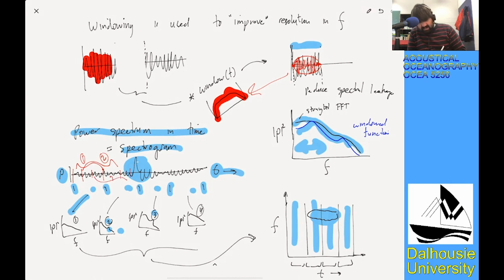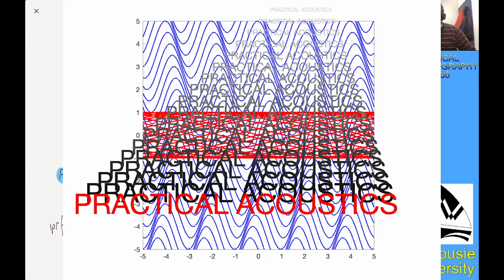And so then that would allow you to have more densely spaced estimates of what that spectrum looks like as it evolves through time, and getting a more detailed picture of the spectrogram. So obviously you could take a whole multi-year course on time frequency analysis, but here we're just giving a quick overview, some useful things that might be practical in this practical acoustics lecture.